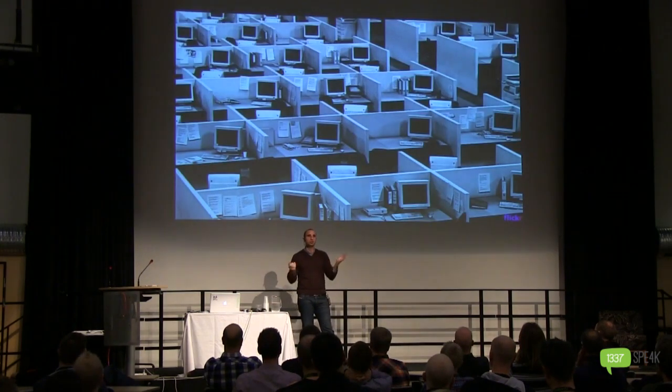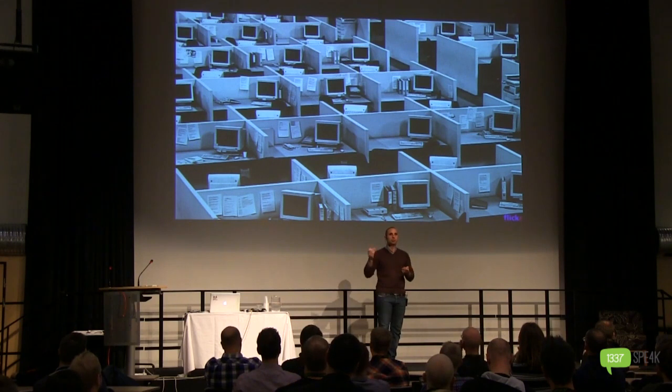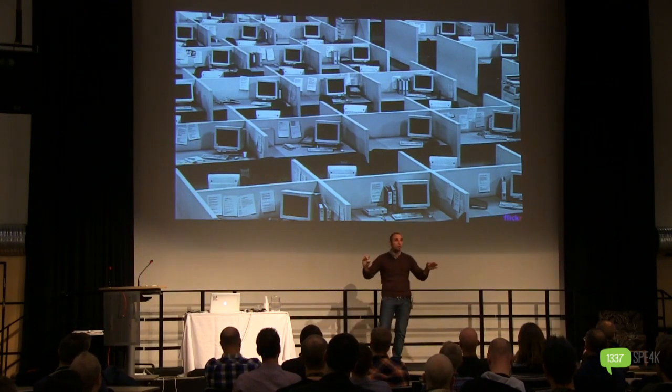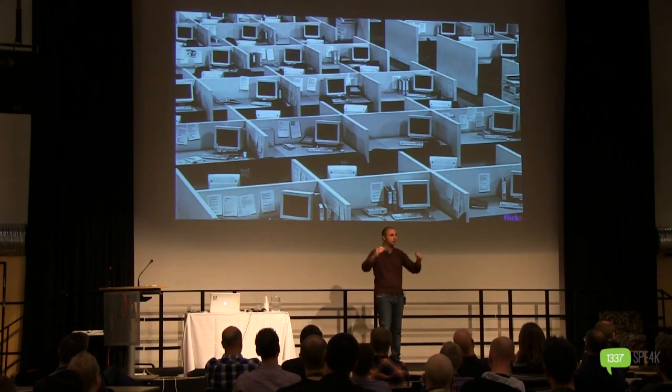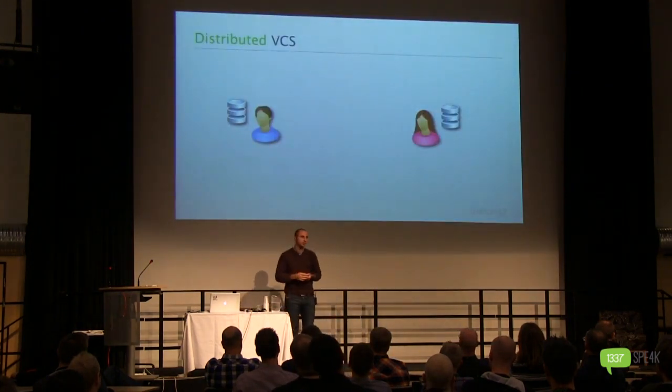So the centralized source control system was built in an era where development was made mainly in cubicles where people were sitting down at the same time in the same place and all had a connection to the server. Nowadays, things are a little different.